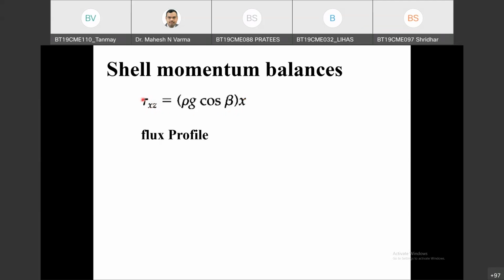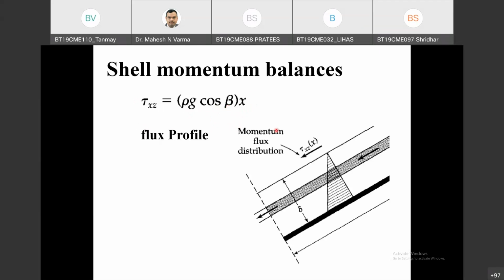This is the momentum flux in the x direction and its variation with respect to x. So at different values of x, I can get a different value of flux. If you plot this, this will be a momentum flux distribution.